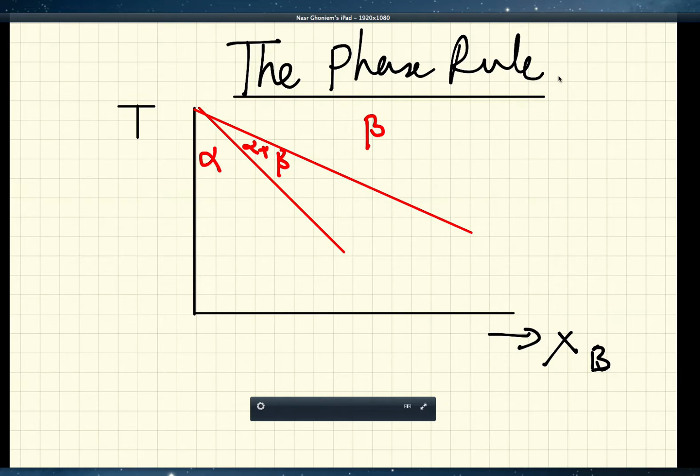Now let's say that I constructed what I call an isotherm, which is sometimes called the tie line.